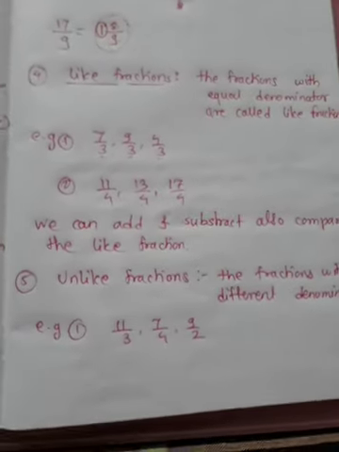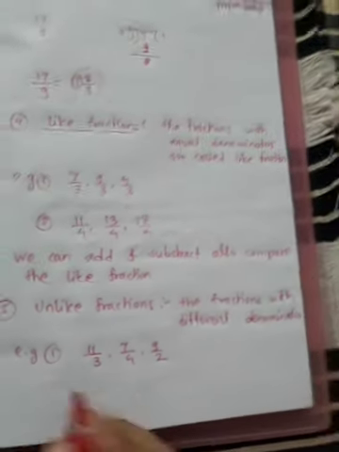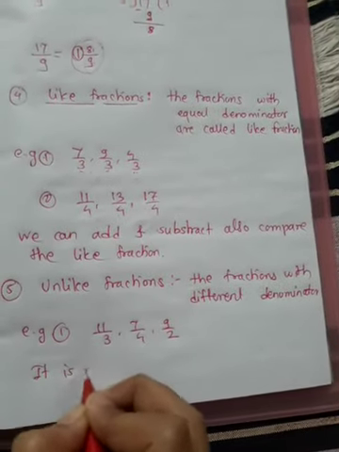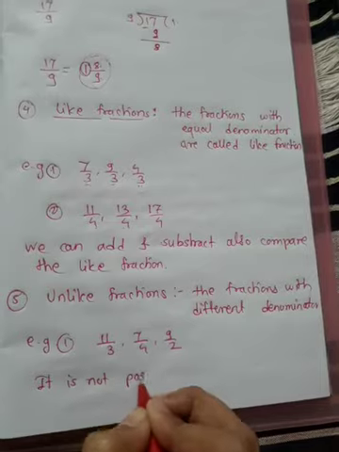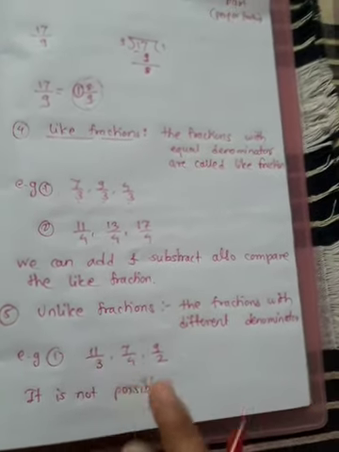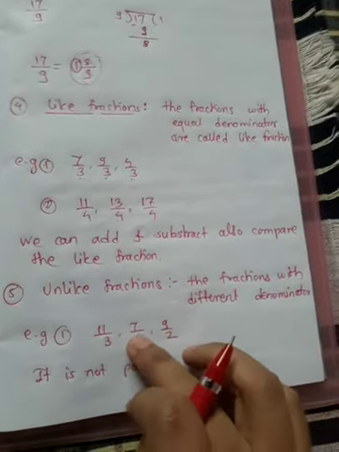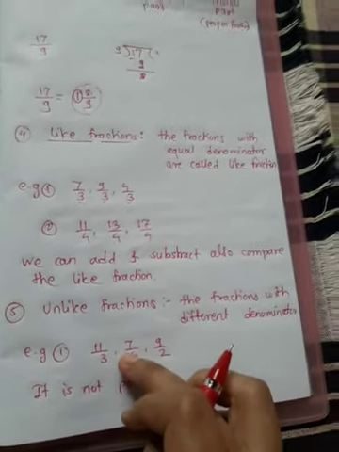In unlike fractions the denominators are not the same, so it is not possible to add, subtract, or compare unlike fractions. If we take these two fractions, we can't add, subtract, or compare them.